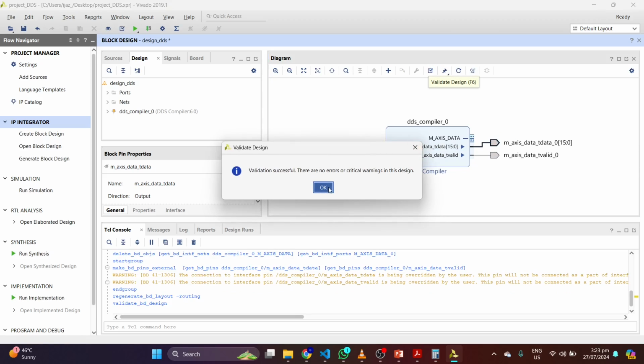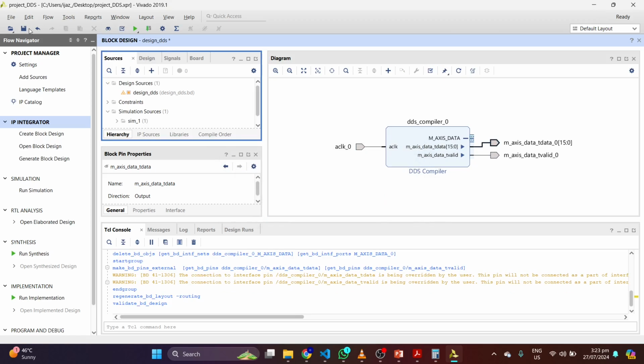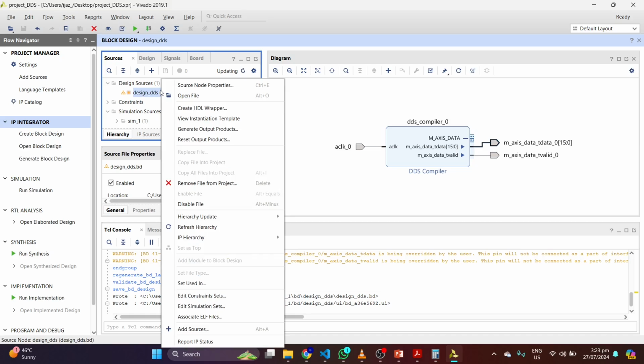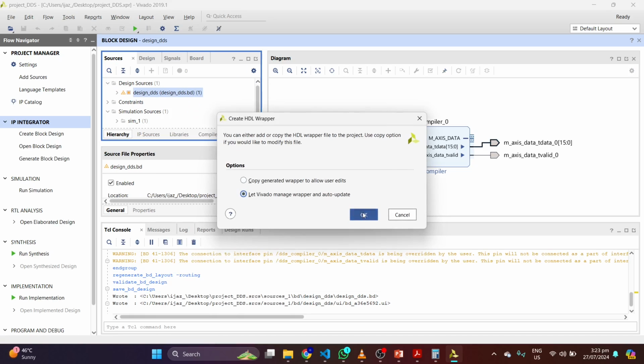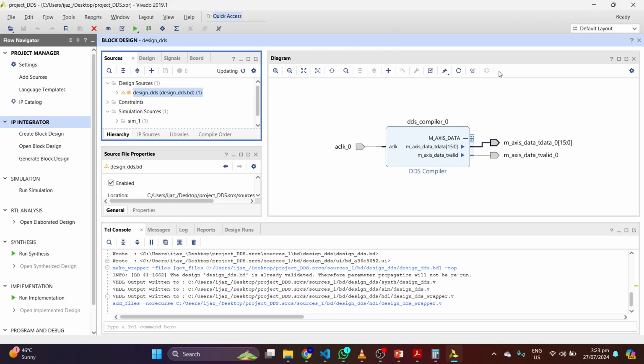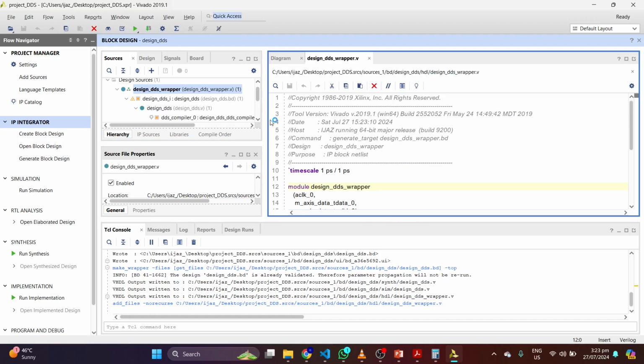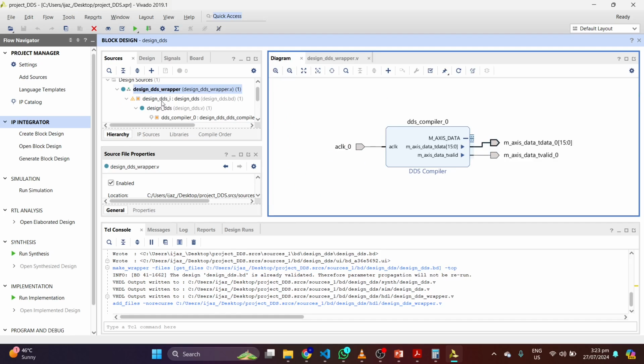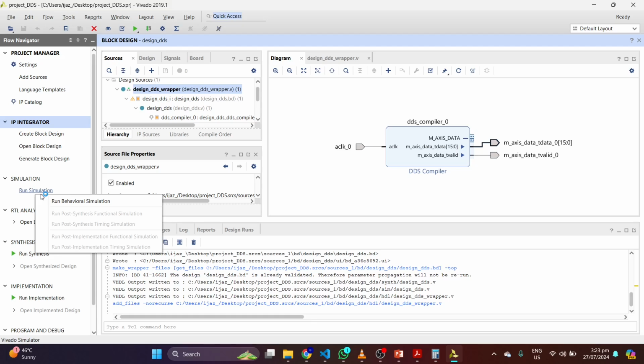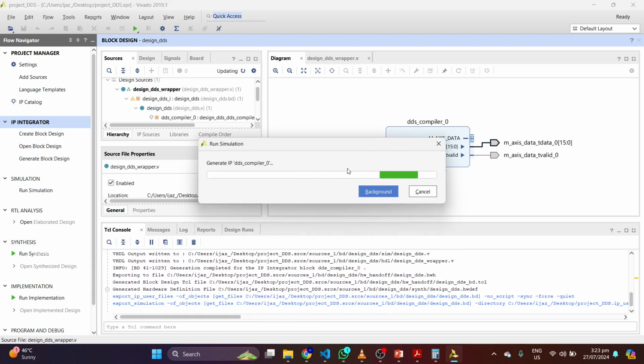Now you can check whether there is any violation or not, and you can generate the wrapper of this project. Once the wrapper is done, we have only one input. You can either write the simulation testbench for this wrapper, or you can make it a force value.